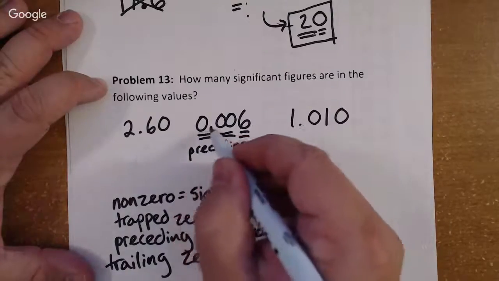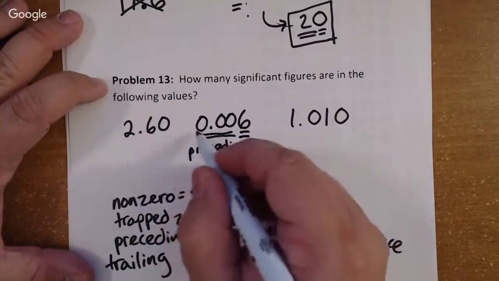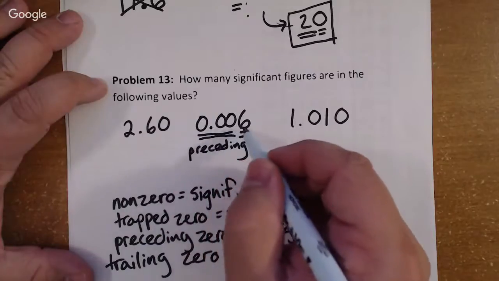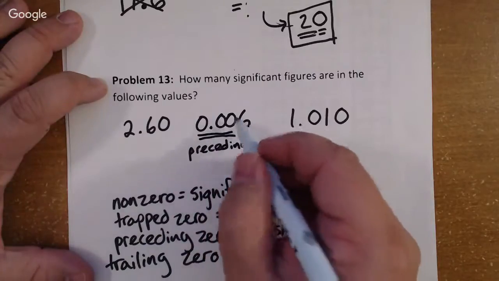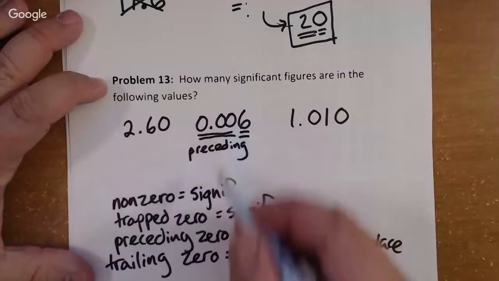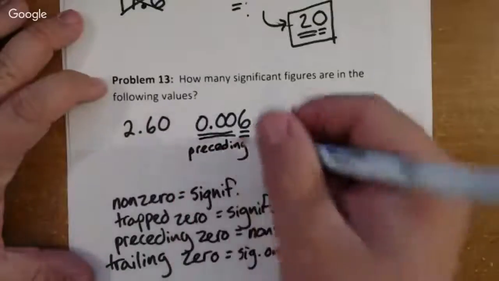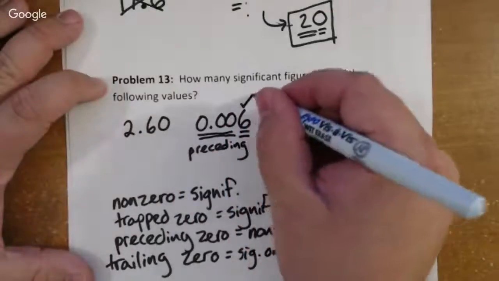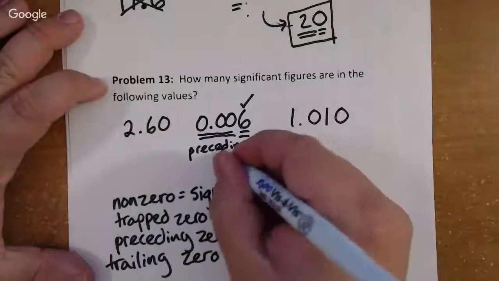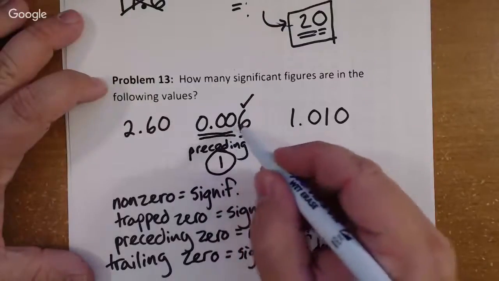If I read to the right, all of these zeros come before that 6, that non-zero number. That's why they're preceding, and preceding zeros are non-significant. So if I have to count how many sig figs are present in my value, these zeros are not, but this 6 is. It makes for a total of 1 sig fig in 0.006.